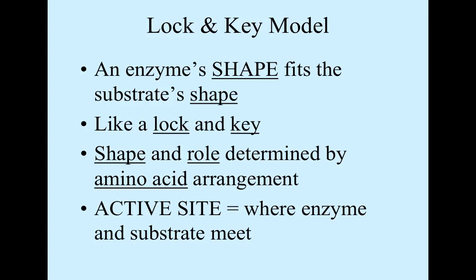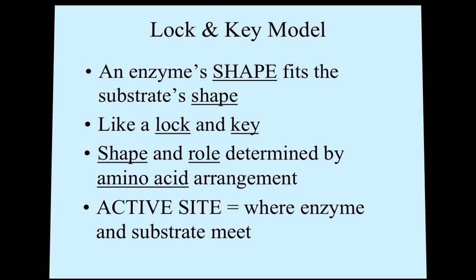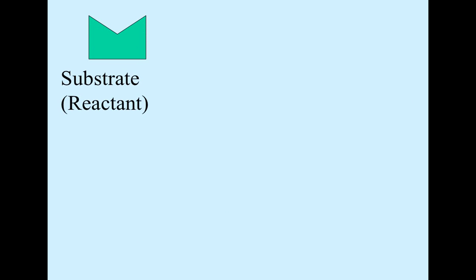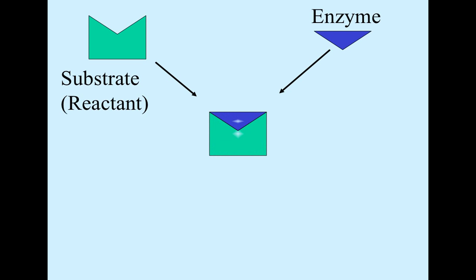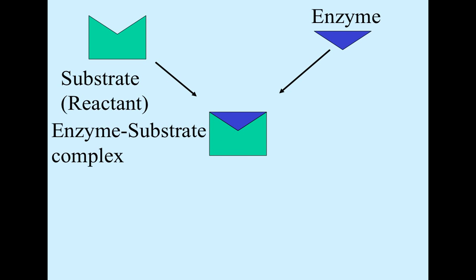So let's look at a very simple geometry example here. Let's say I have my substrate, which is my reactant, and it has a certain shape. I also have my enzyme, which also has a certain shape. You can see that the shape of my enzyme and the shape of my substrate will fit together. And when they come together and they actually meet, we form the enzyme-substrate complex.